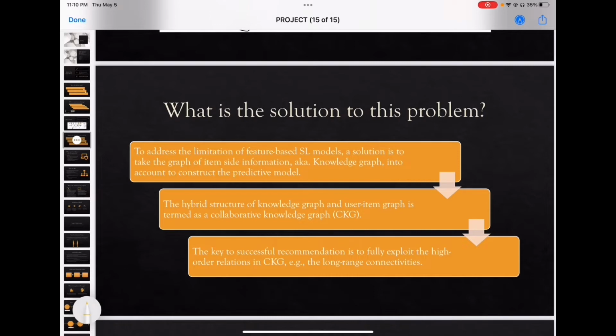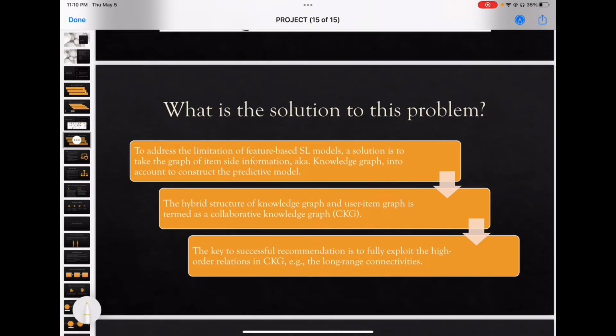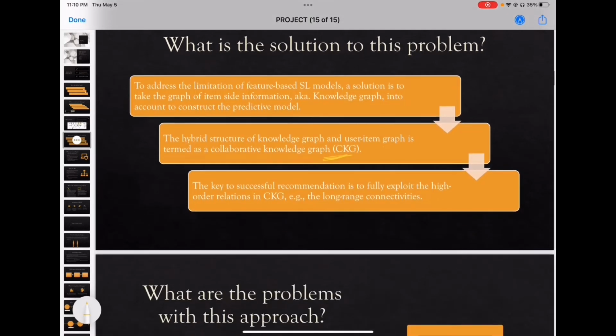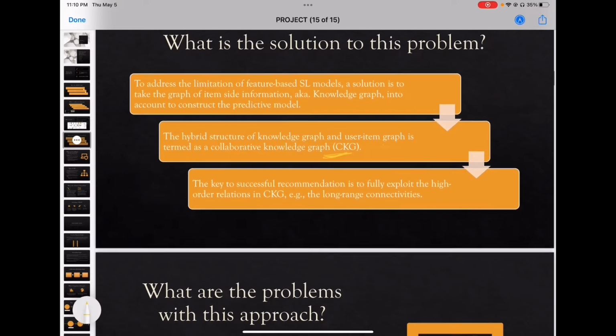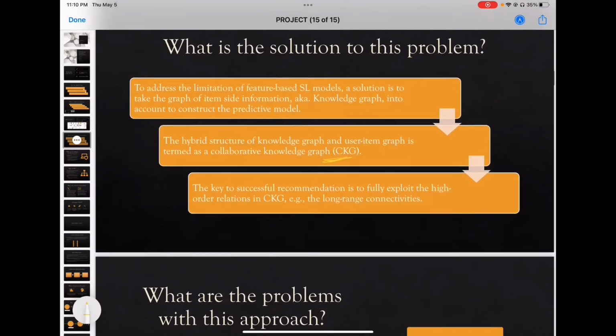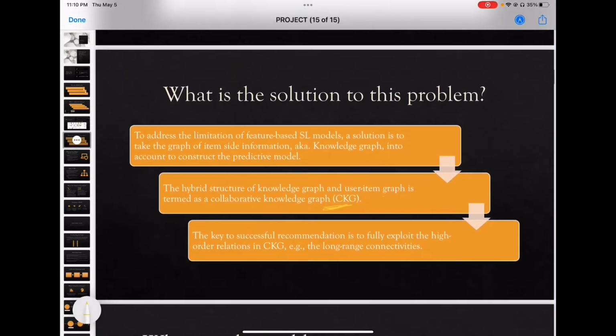We term the hybrid structure of knowledge graph and user item graph as collaborative knowledge graph (CKG). The key to successful recommendation is to fully exploit the high order relations in CKG.